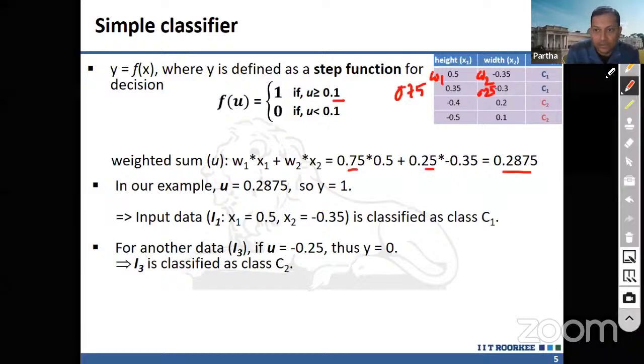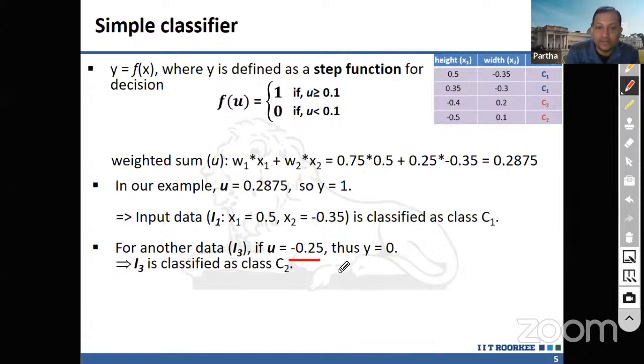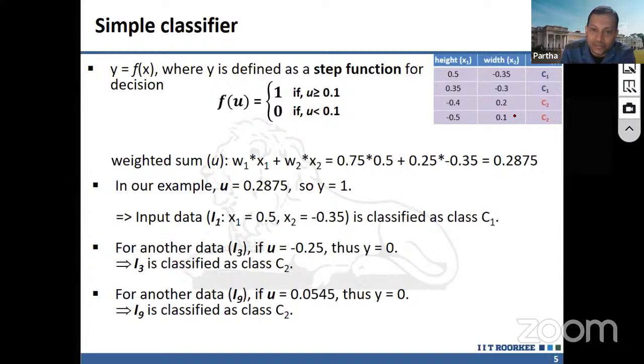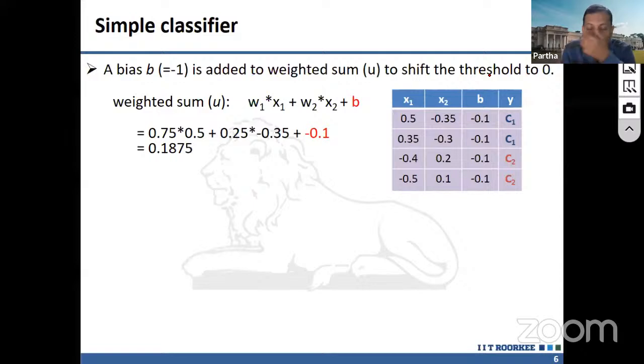If the sum comes as minus 0.25, it will be classified as C2, because we have mentioned that if the total sum is greater than 0.1, it will be class 1, otherwise it will be category 2. Like this we can classify all these examples once we know W1 and W2.